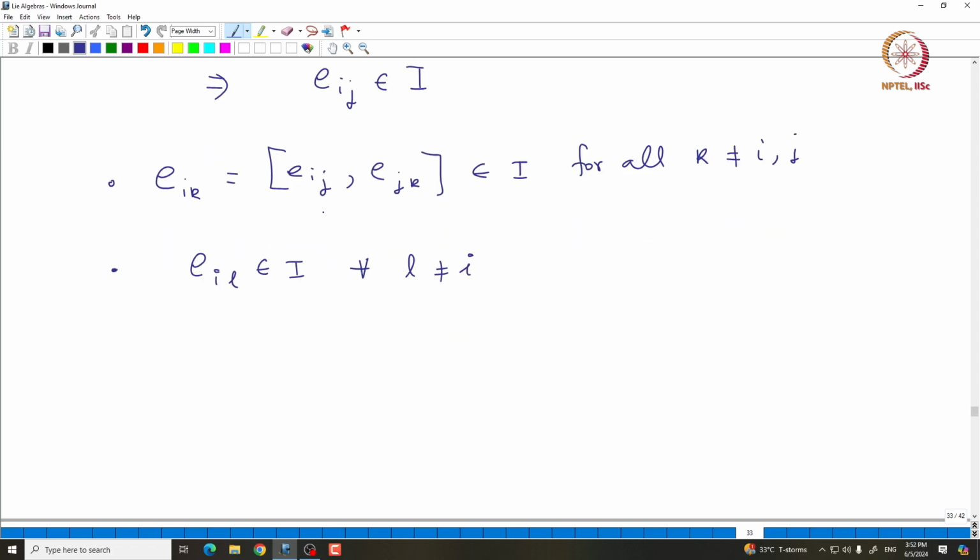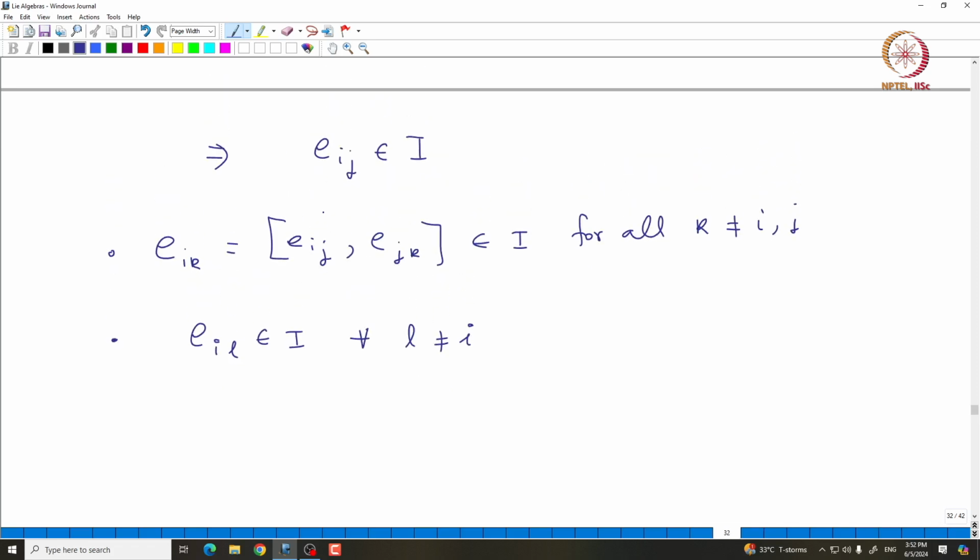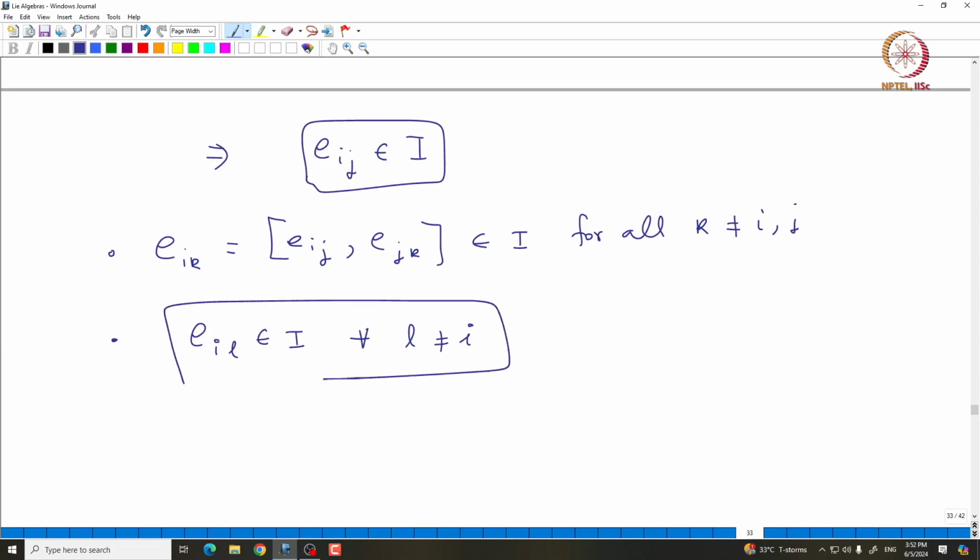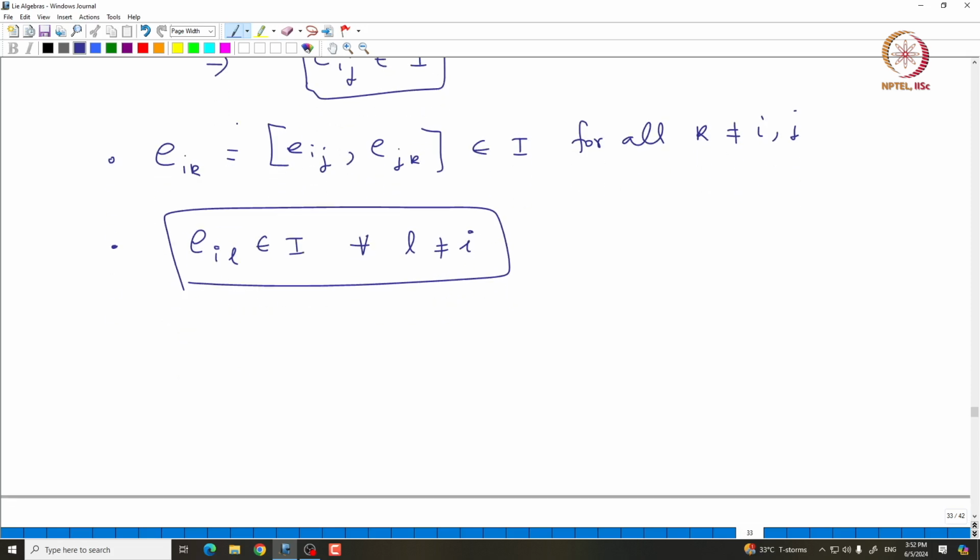So, we have proved so far that E_ij is there for some tuple ij. Using that, we proved E_IL is there for all L not equal to I. Now let us look at E_KL.